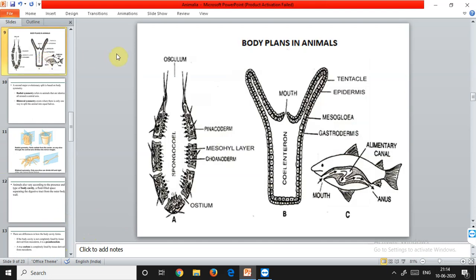So now we'll talk about the body plans in animals. The body plan of different animals shows considerable variations. The simplest animals are sponges. Though they do not form true tissues, in other multicellular organisms, similar cells operate collectively and become specialized to form tissues.